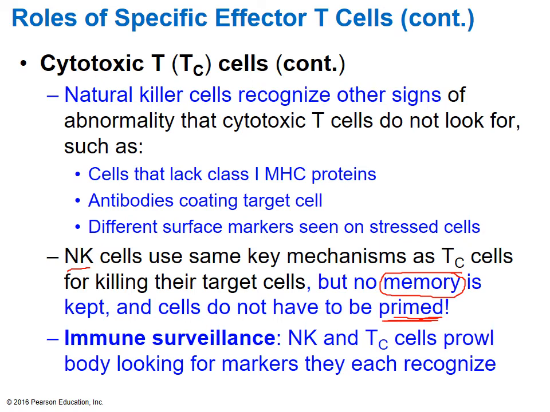Either way, we see that the cooperation or the similarities between the way the natural killer cells and your killer T cells work together is basically an example of what we like to call immune surveillance. Both of these cell types have been known to move around the body looking for markers that they interact with, and they will then swiftly respond to it as well.